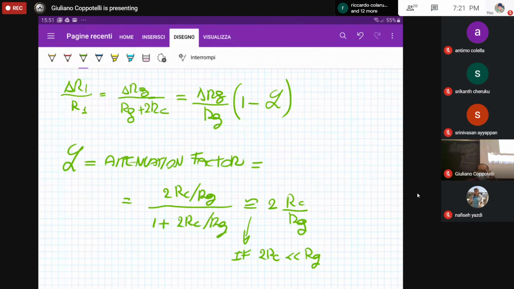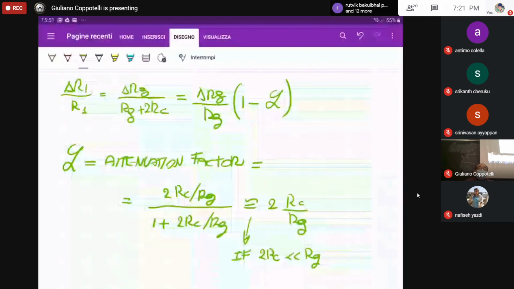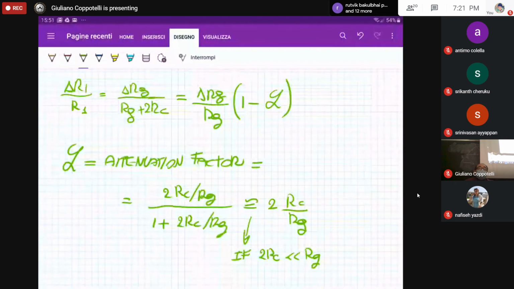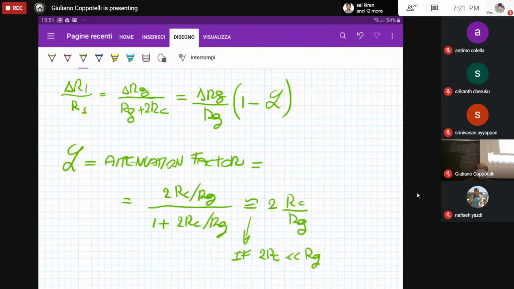If you go back to the previous formula, delta R1 over R1 is given by the ratio that you are expecting, delta Rg over Rg, times something that is less than 1. And this attenuation factor, L, is related to the resistance of your connecting cable.